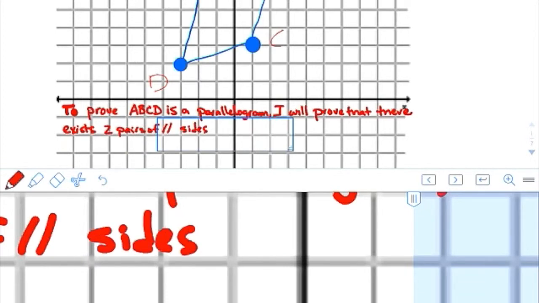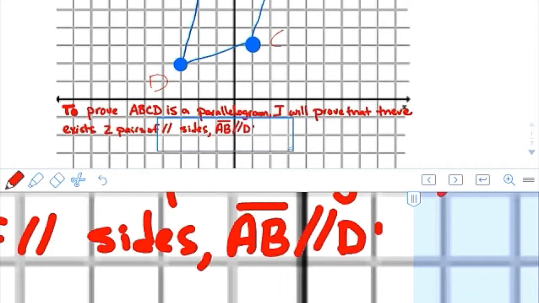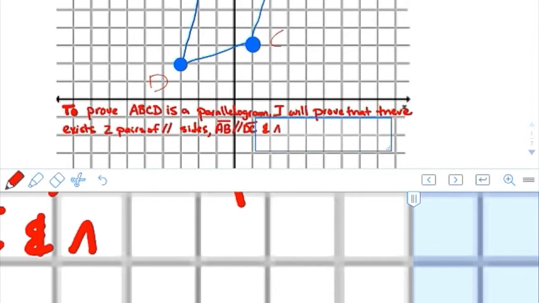Okay, and so to prove ABCD is a parallelogram, I will prove that there exist 2 pairs of parallel sides, and that's the exact definition. Now I'm going to actually name them here, and let's make sure we're using proper notation. AB parallel to DC, and AD parallel to BC.